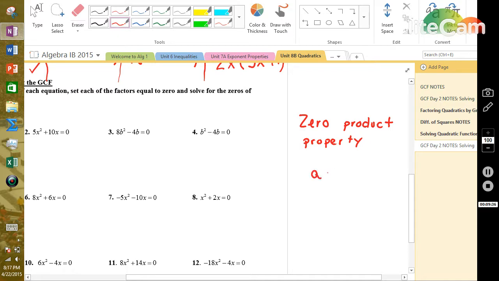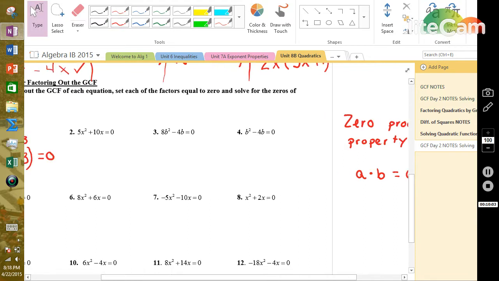We're going to call them A and B. If A times B is equal to 0, what do we know about either A or B? We know that one of them has to be 0, because in order for 2 numbers being multiplied together to equal 0, one of the terms has to be 0.